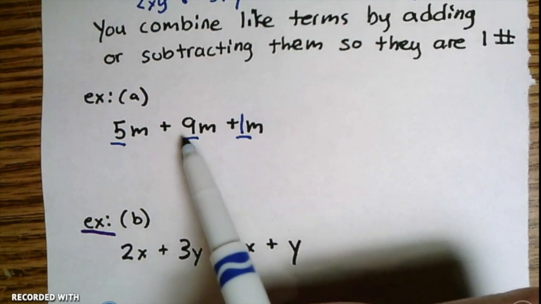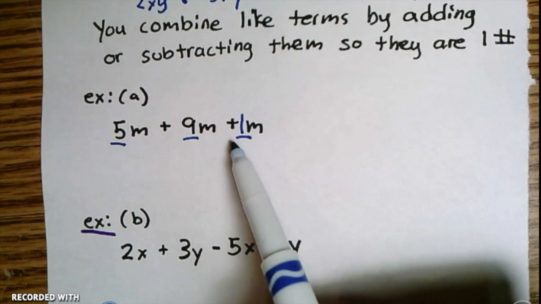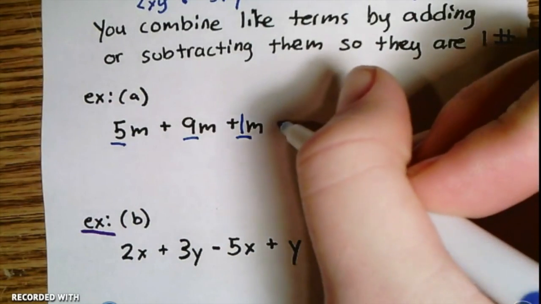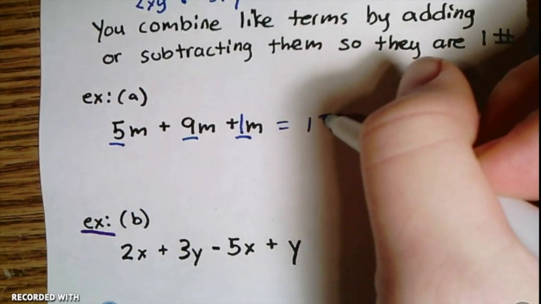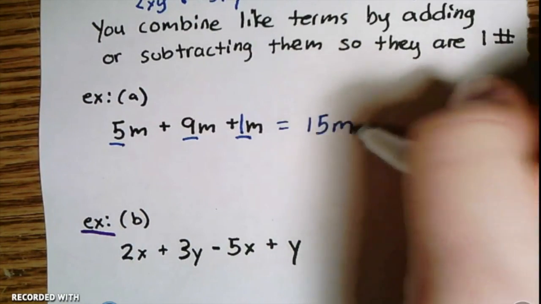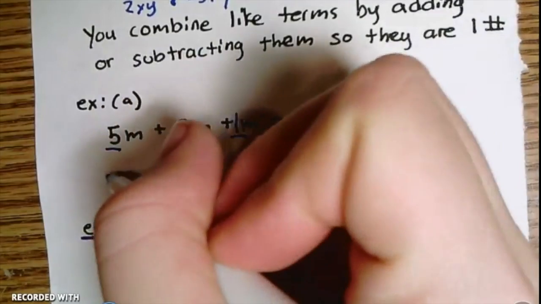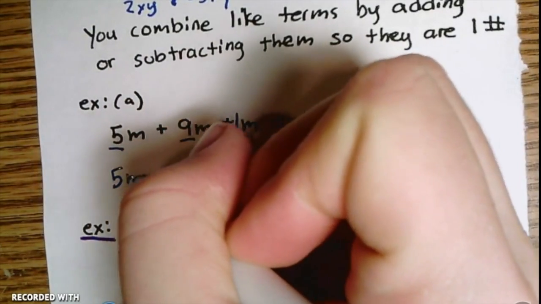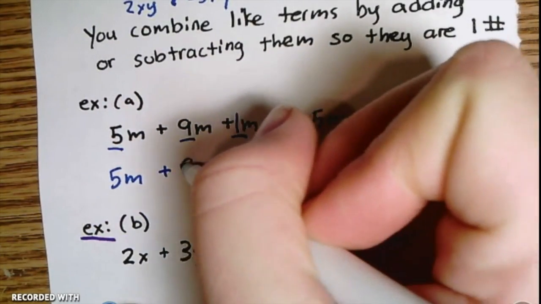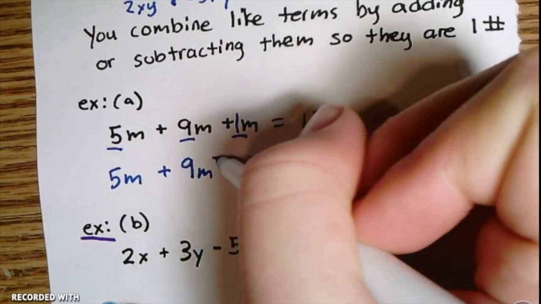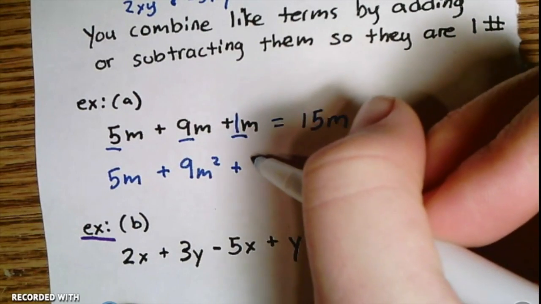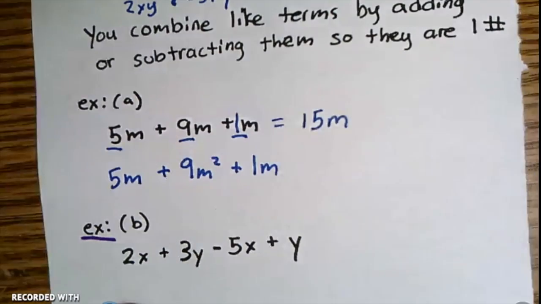So we have 5 plus 9, which is 14, and 14 plus 1 is 15. And so our answer would be 15m.